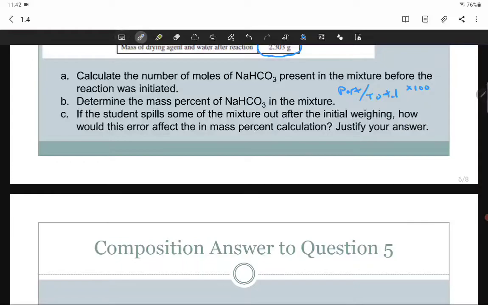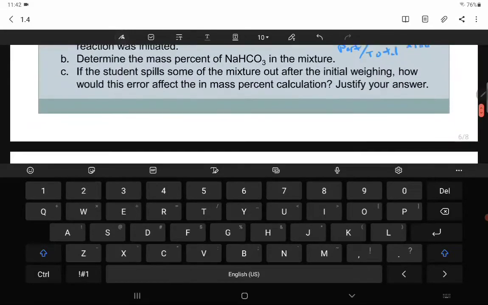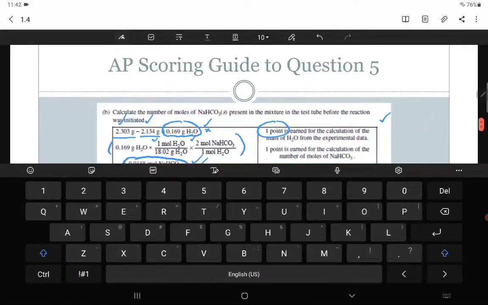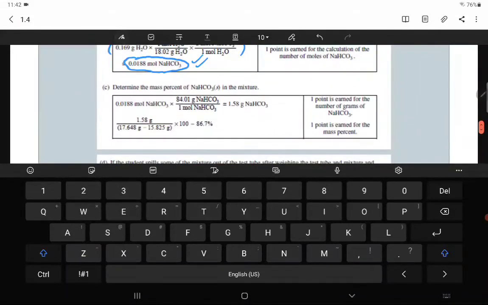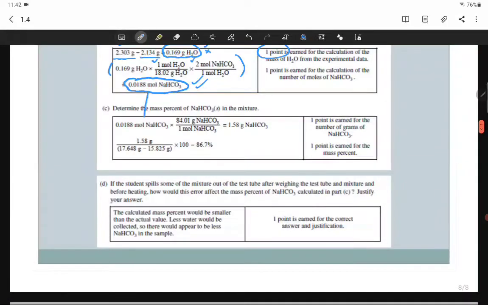Okay. So let's figure that out. Let's go and see what we got and where these numbers are coming from. So we already have our part. Okay, and well, we almost have our part. Mass percent is mass of part divided by mass of total. So we did have to convert this into grams.